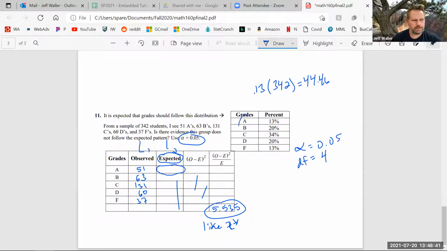It's number of categories minus 1. And now I just got to look those two things up. Let me show that again real quick. While I show this again, try to look that up on the chi-square chart.